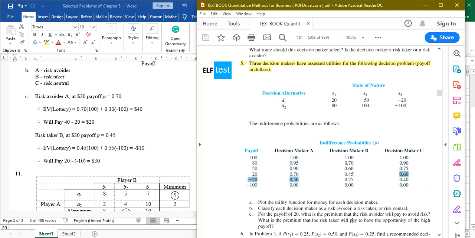So we said this is risk taker and this is risk avoider. Now what we can do here, as I said, is see how much this guy is satisfied. So it means, in order to win $20, how much this guy is paying, or how much this guy is willing to bear risk.